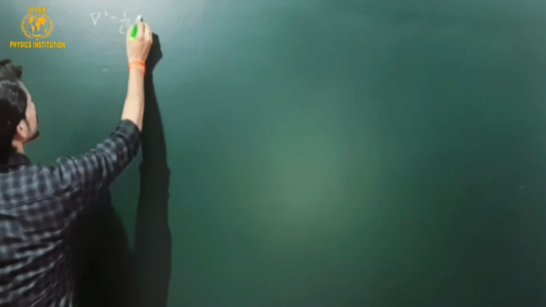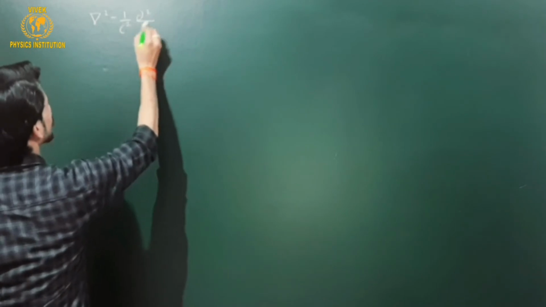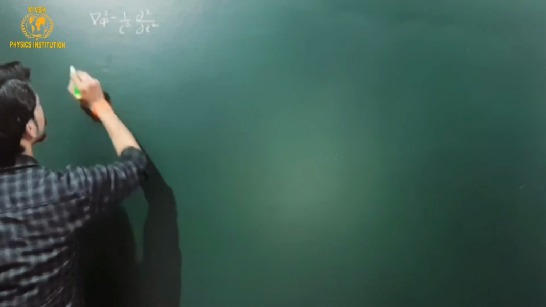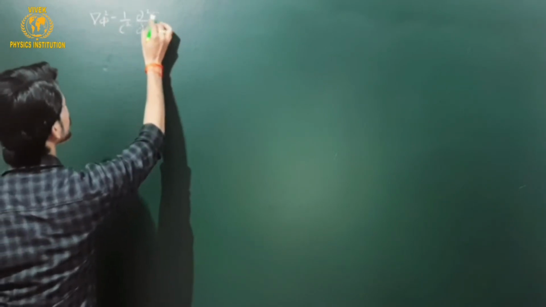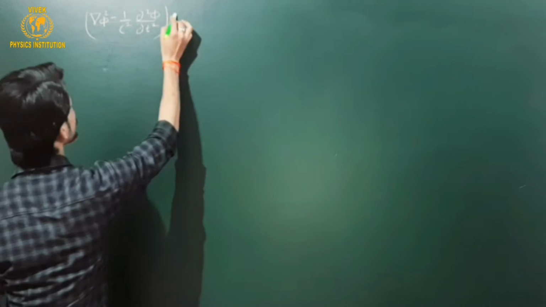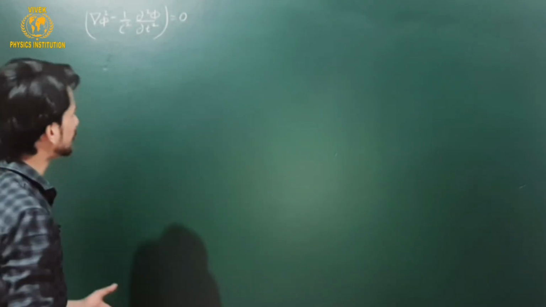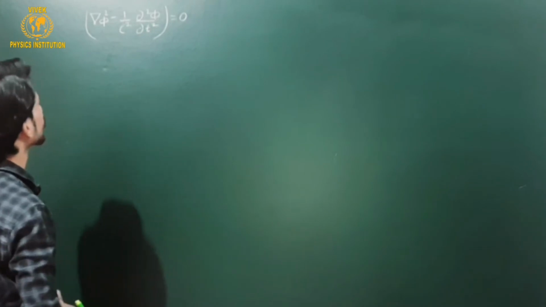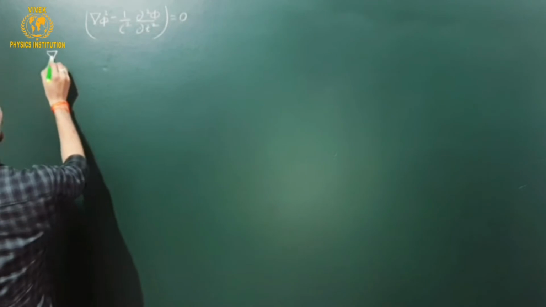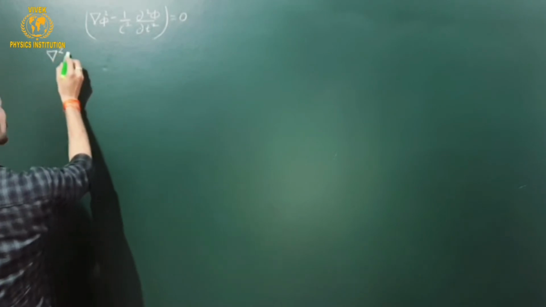The general equation of the wave is del square minus 1 upon c square del square upon del t square, operated on phi, equals 0, right? Here phi is again a magnetic field or electric field vector, and I am writing del square phi.